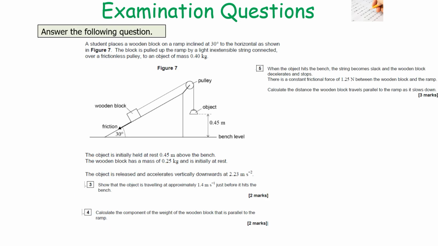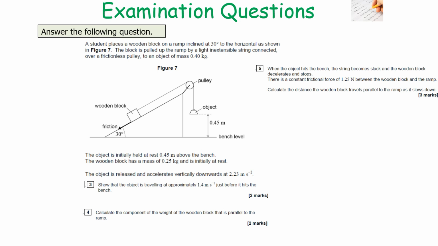Right, let's have a look at this question again. So we've got the same ideas here, that the object is initially held at rest 0.5 meters above the bench. The wooden block has a mass of 0.25 kilograms and is initially at rest. The object is released and accelerates vertically downwards at 2.23 meters per second squared. Show that the object is traveling at approximately 1.4 meters per second before it hits the bench.